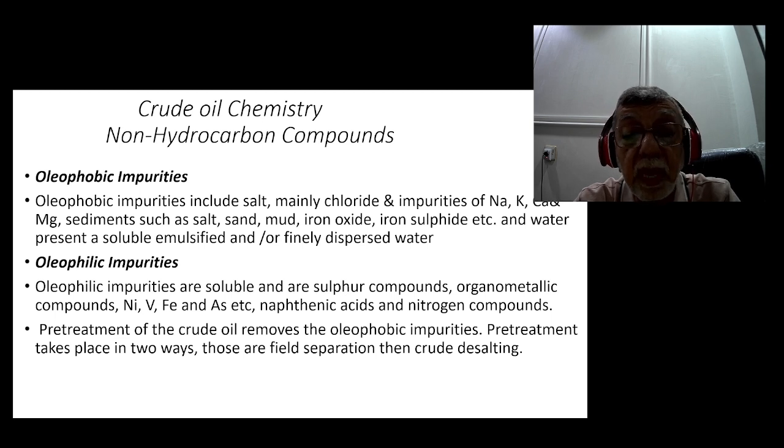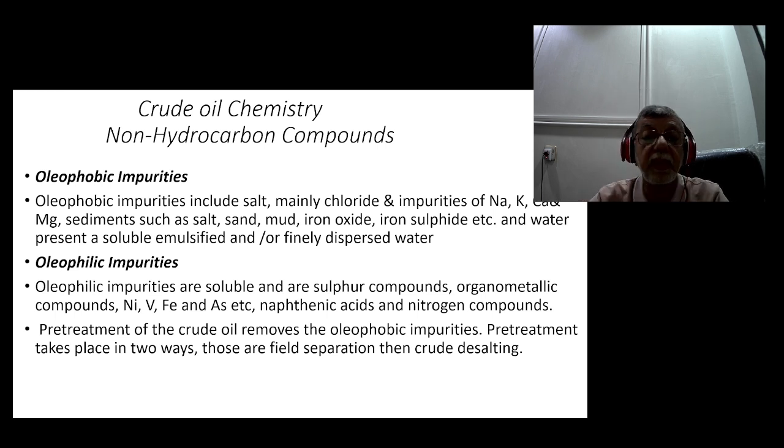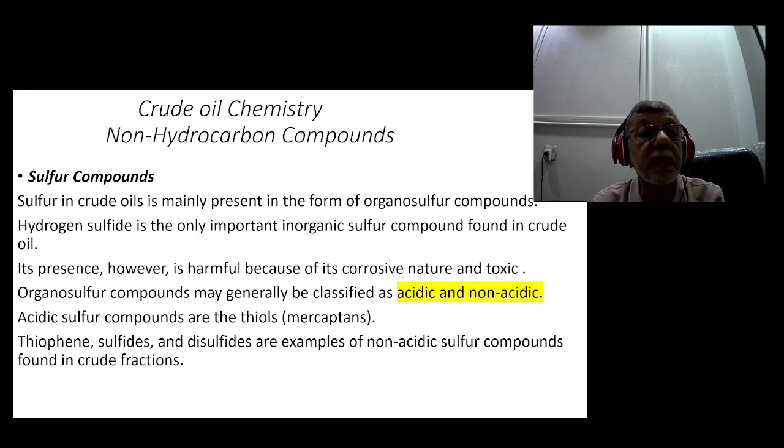Oleophilic impurities are soluble: sulfur compounds, organometallic compounds, nickel, vanadium, iron, arsenic, naphthenic acid, and nitrogen compounds. So the pretreatment of crude oil only removes the oleophobic impurities, which are salt and water.